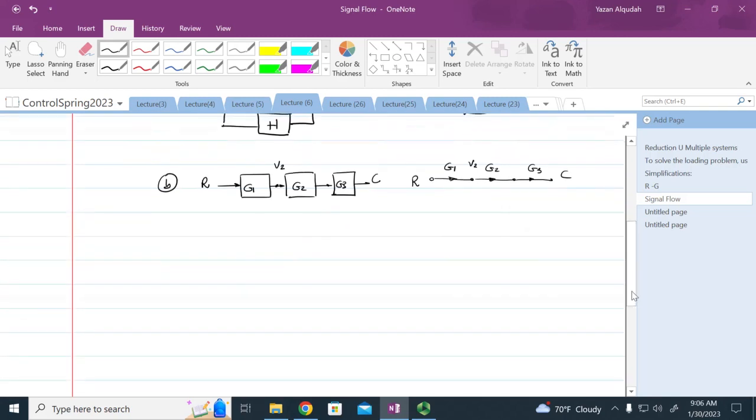Let's do another example. G1, G2, and G3.